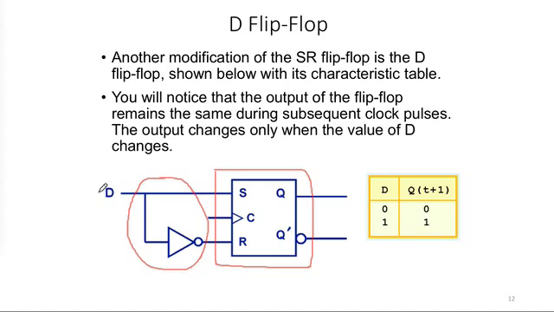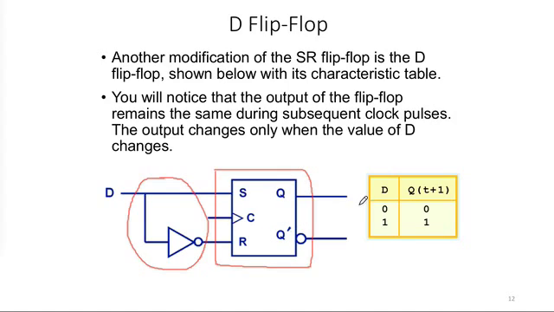So we can see that the D at the input is fed directly to the input S, and another branch goes through a NOT gate, and the output of the NOT gate is fed into the input R. The D flip-flop also has two outputs, Q and Q complement.